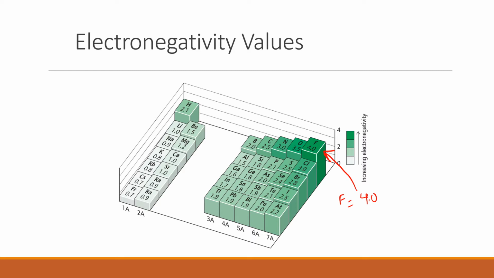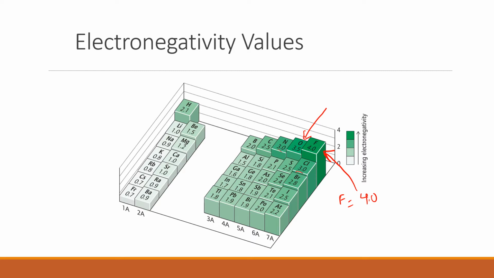So fluorine has the highest electronegativity value. In other words, whenever fluorine is bonded covalently to another atom, it has the highest tendency or ability to attract the bonding electrons towards its nucleus. Oxygen has the second highest value of electronegativity, and nitrogen and chlorine have the third highest value.